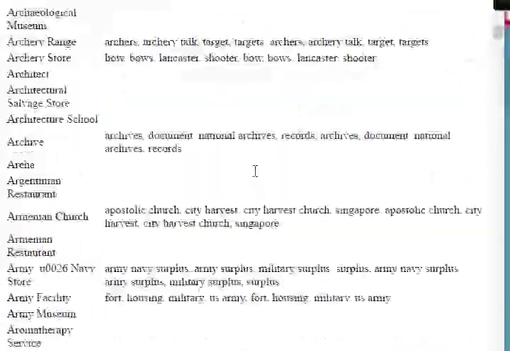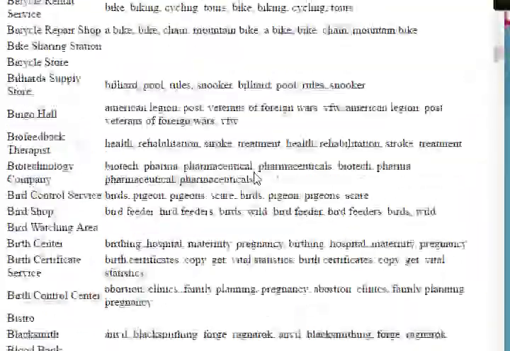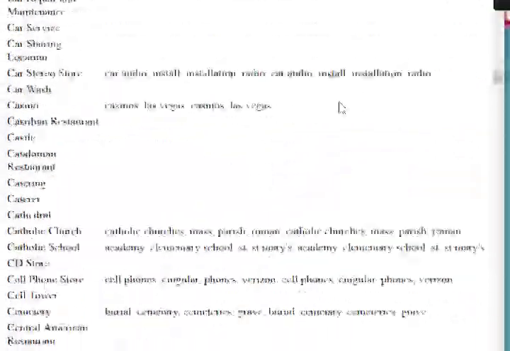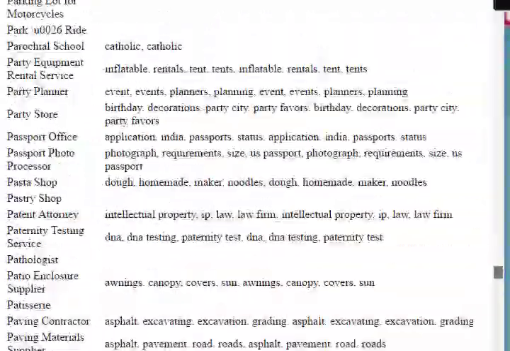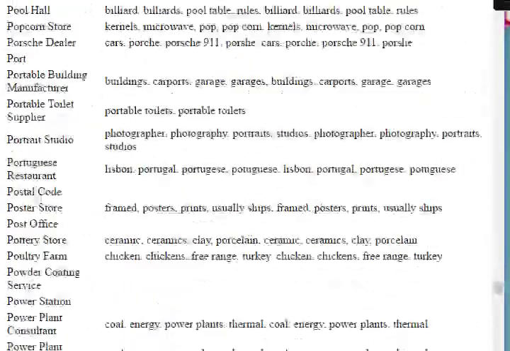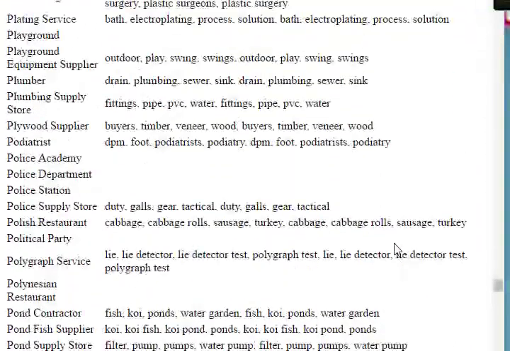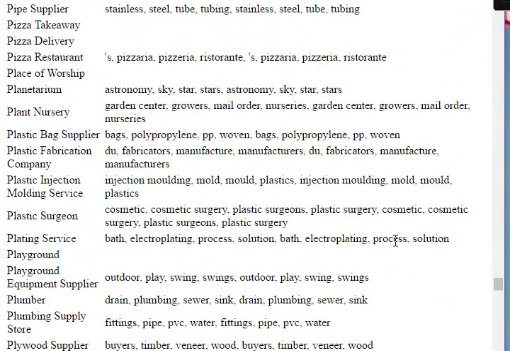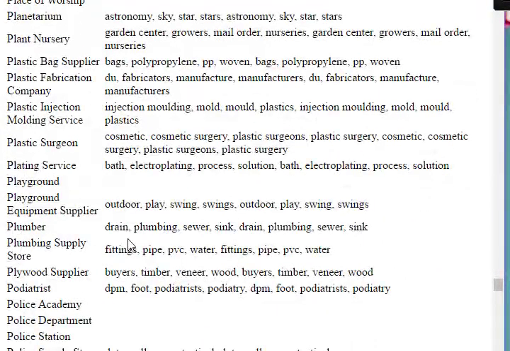So if I go to plumber, for example, we've got plumber, drain, plumbing, sewer, sink. Most of these would show up with a Google search, so that can help you with your categories. Try not to keyword stuff your listing because it could be flagged for manual review.